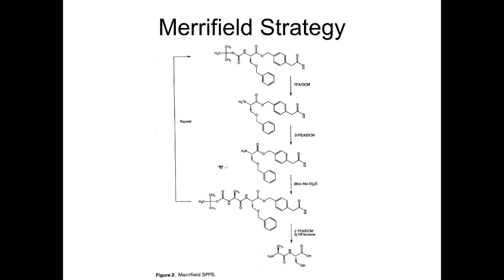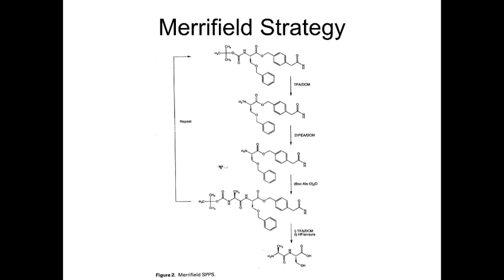Again, this group is protected with the Boc group, and if you now want to attach another amino acid, in the next step you need to remove the Boc group again to end up with your free amine to be able to attach the next amino acid. However, this is not shown in this scheme, so we directly go to the next steps.